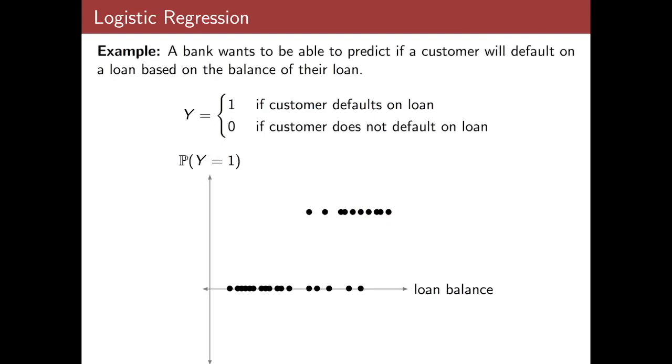Another example is maybe a bank wants to be able to predict if a customer will default on a loan, maybe based on the balance of the loan. So 1 would be the customer defaults and 0 would be they don't. And so the response variables are either 0 or 1, but we want to use other information to predict if we're going to get a 0 or a 1.